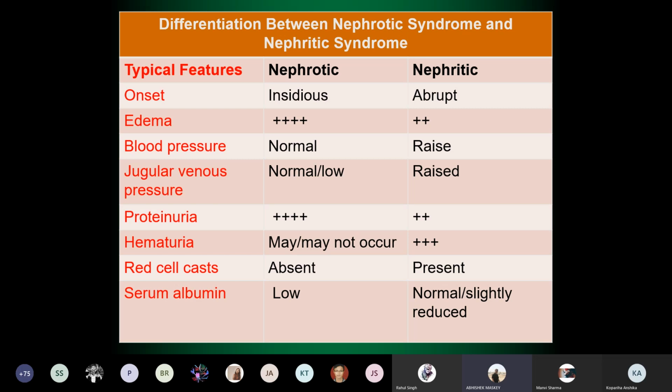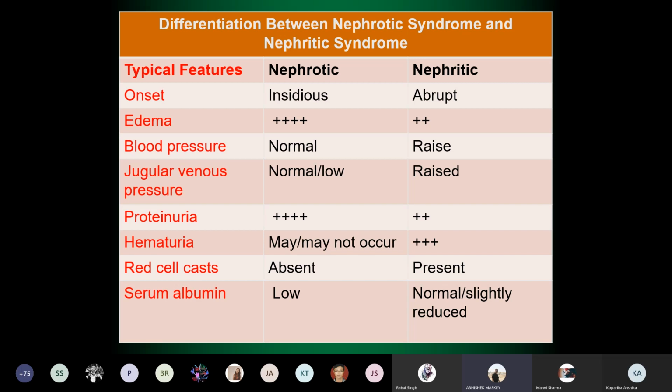That means the fluid is not in the interstitial space, the fluid is still in the intravascular compartment. So if you have more fluid inside your blood vessels, then you have a raised JVP. And this JVP is not only seen in nephritic syndrome, it is a very good clinical marker to see cardiac failure and many other conditions.